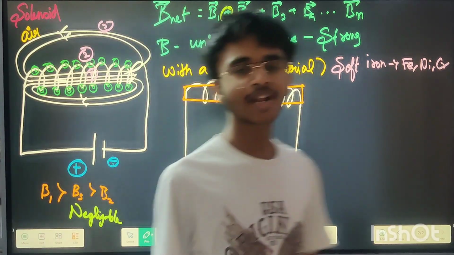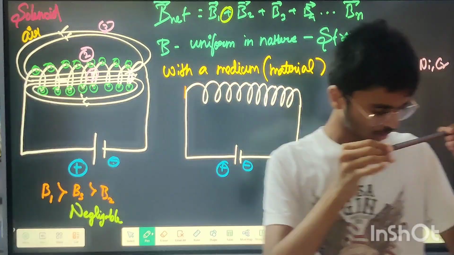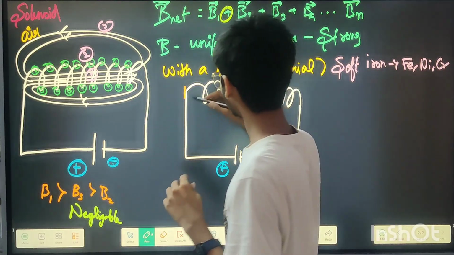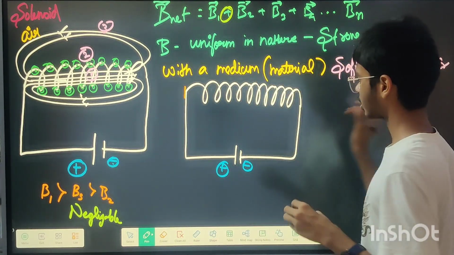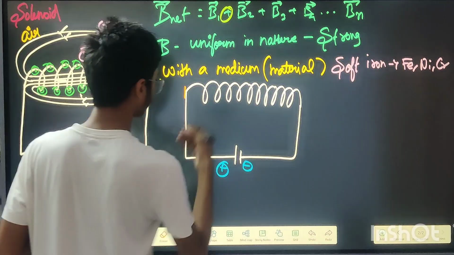Over here I've kept a soft iron. Soft iron will be coiled. For example, if this is the soft iron material, then it will be coiled by these coils. Soft iron is an alloy of iron, nickel, and chromium, so I can draw it like this.